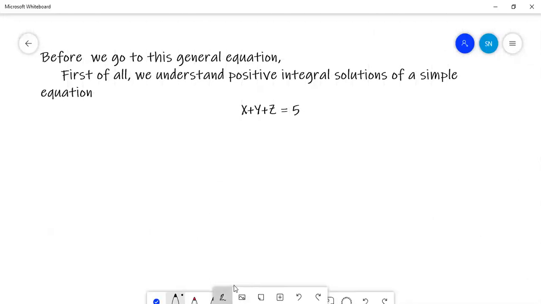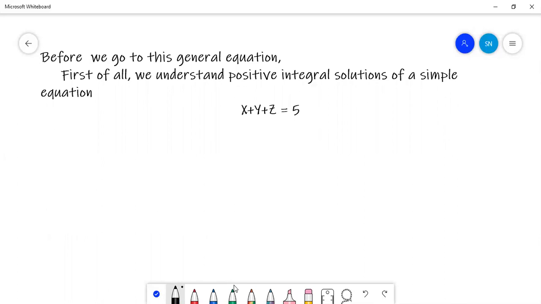In this case, I will consider 5 ones: 1, 2, 3, 4, 5. For this, I prefer the flag method. We understand these possibilities for x, y, z in an interesting way. That is nothing but the flag method.